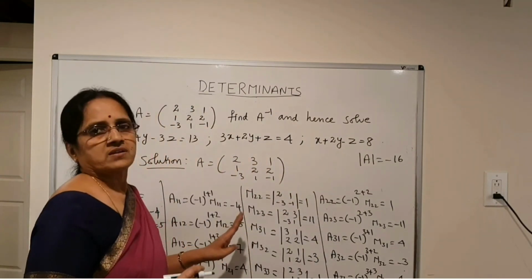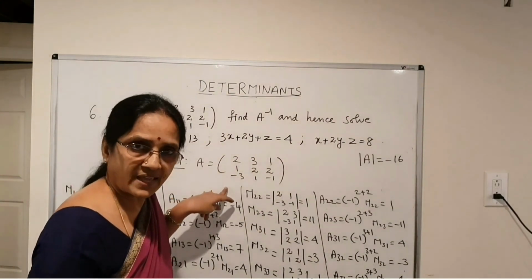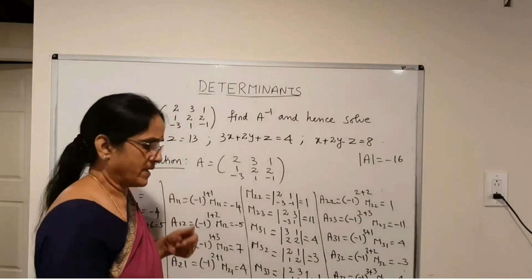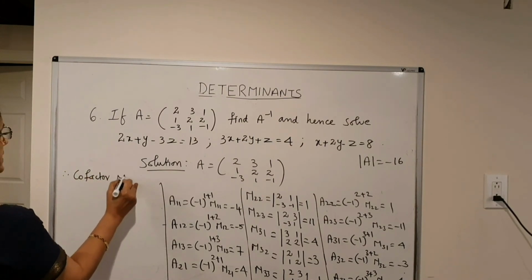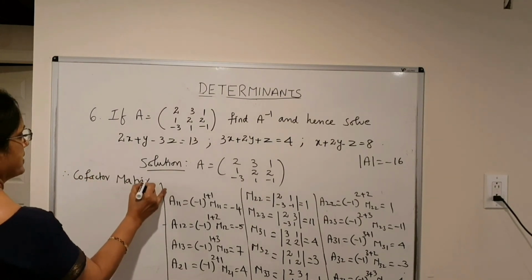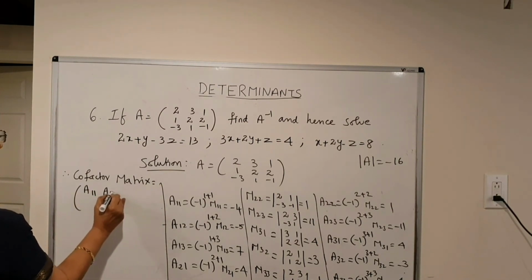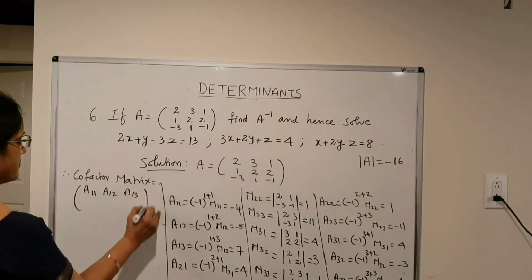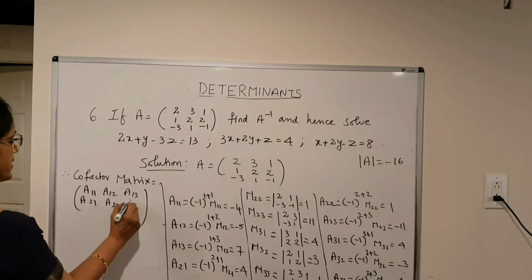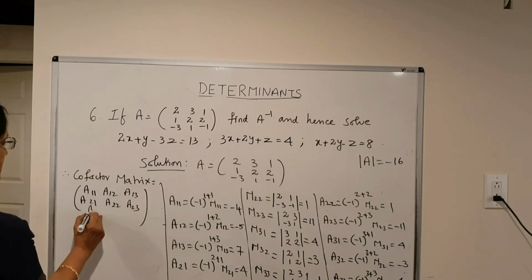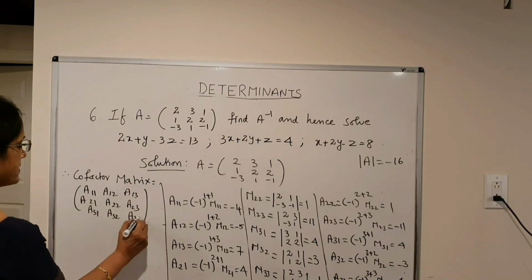Now that I got the cofactors of all the elements of the given matrix A, let me write the cofactor matrix. The cofactor matrix is equal to, this is how we write it, A11, A12, A13, A21, A22, A23, A31, A32, A33.